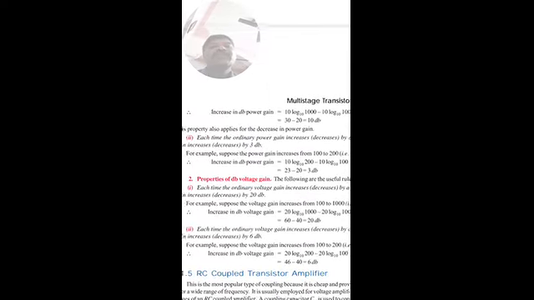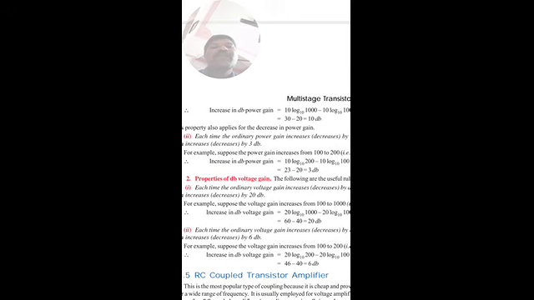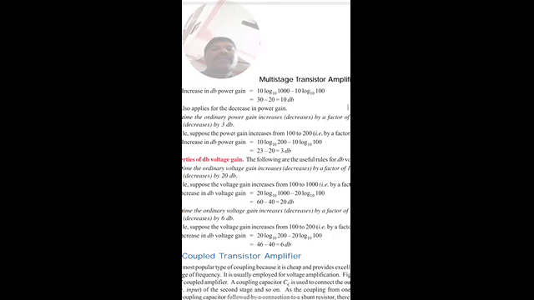So from this we can get the dB value, simply by noting the increase or decrease in power gain or voltage gain by a factor.